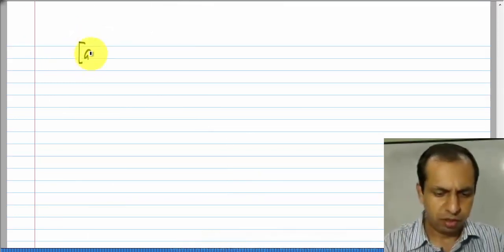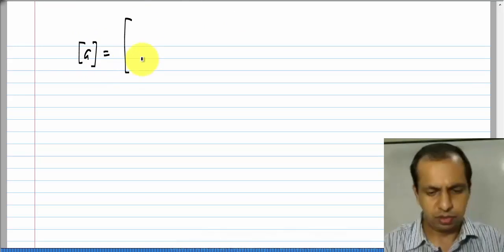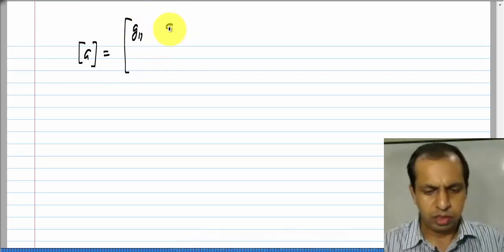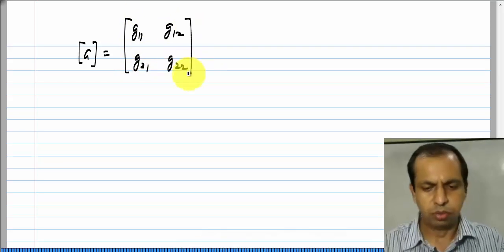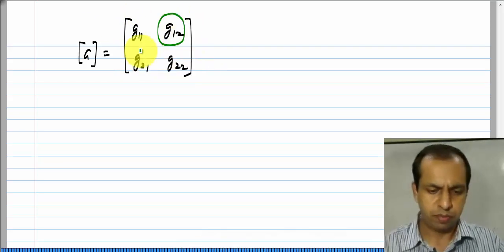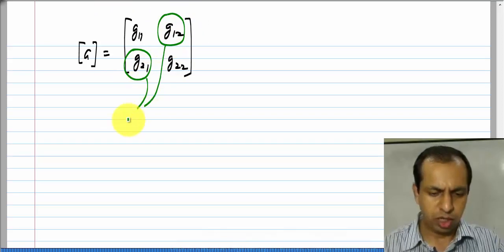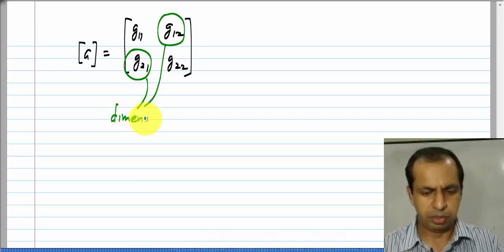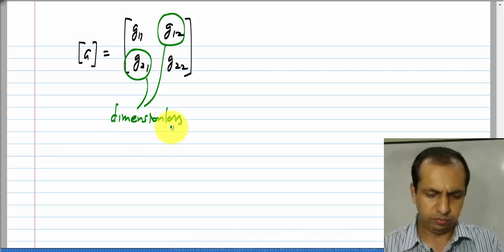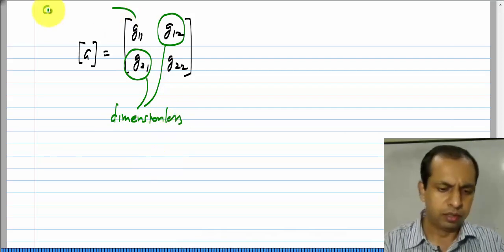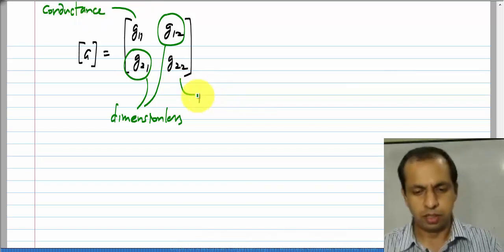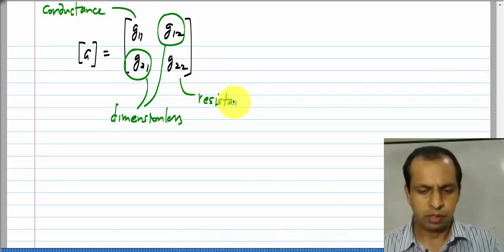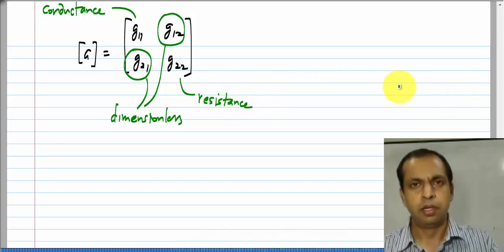Now, the G parameter matrix is G 1 1, G 1 2, G 2 1, G 2 2, where these two are dimensionless and this one is a conductance and that one is a resistance.